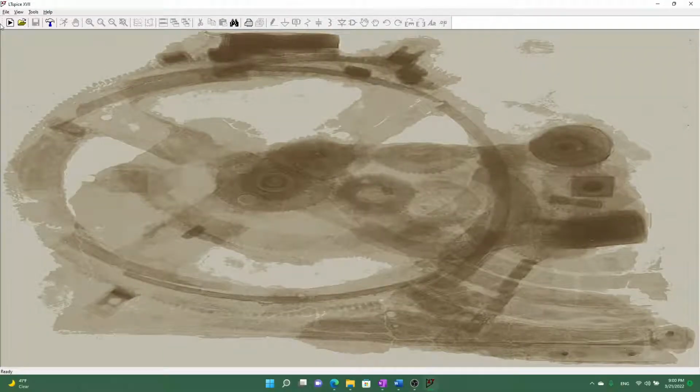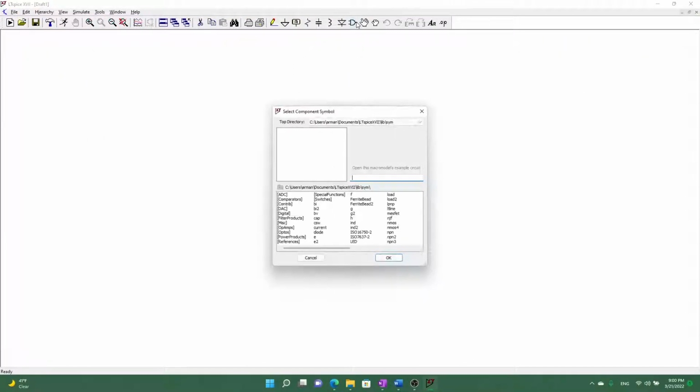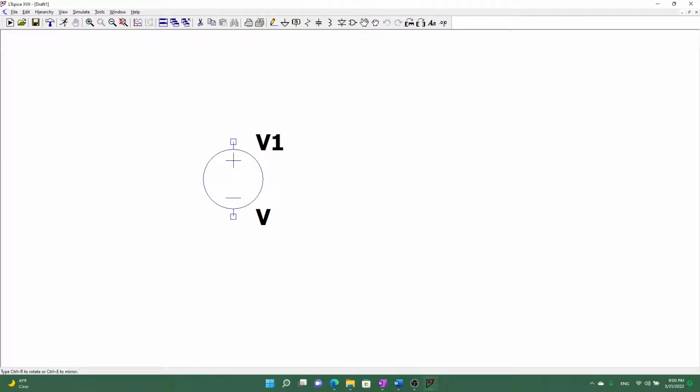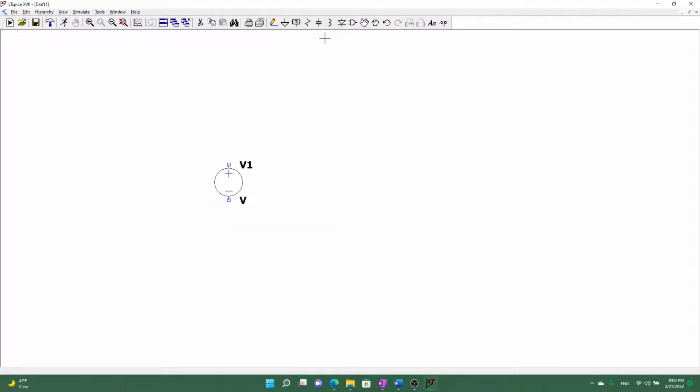which is this here, we can start to build our circuit. So we have a voltage source, V1, that is linked to a diode. Control R to rotate it.